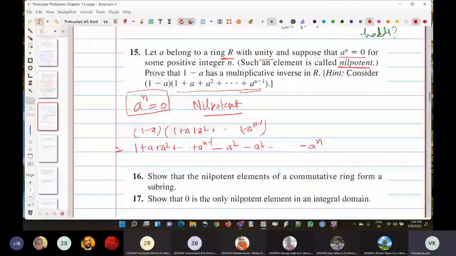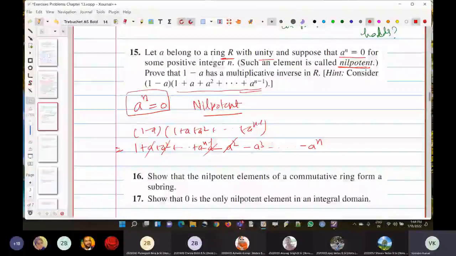Yes, a to the power n. Okay, I forgot to write a. So here a is also there.